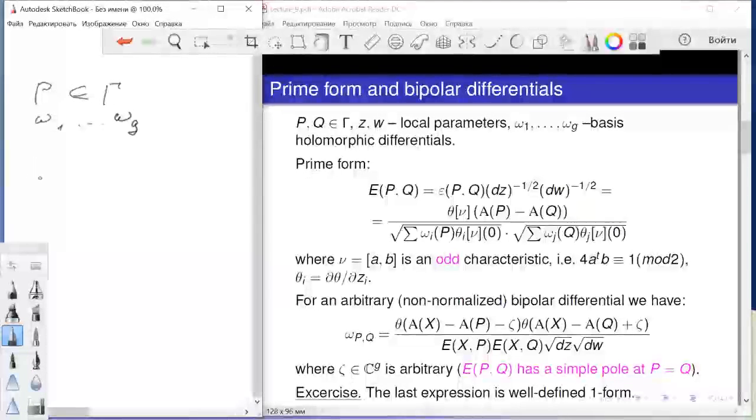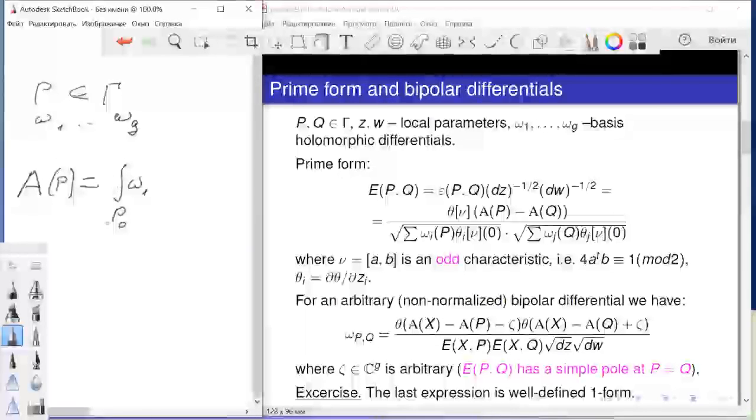So this is the Abel transformation. A of P is equal to the following vector: the integral of omega 1 from some fixed point P0 to P, and so on.